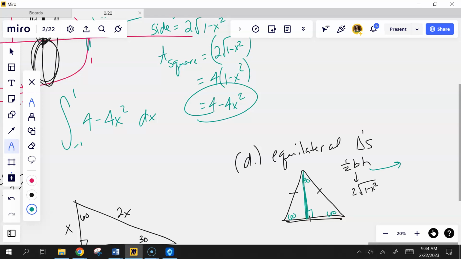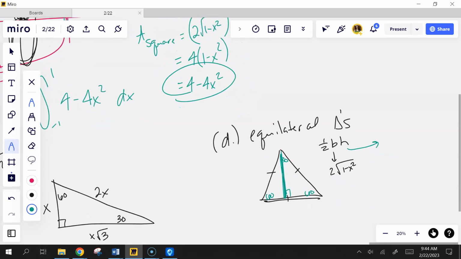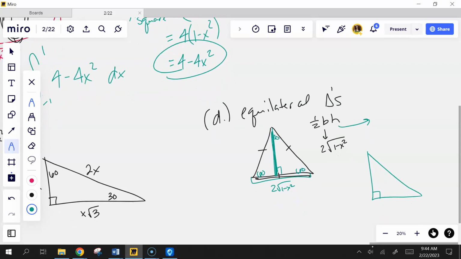I need the 60-degree side. What do I have? Well, I have all of this. So all of that is 2 times the square root of 1 minus x squared. You're exactly right. I got to divide it by 2. So here's what I really have. I have, this is 1 minus x squared, the square root.